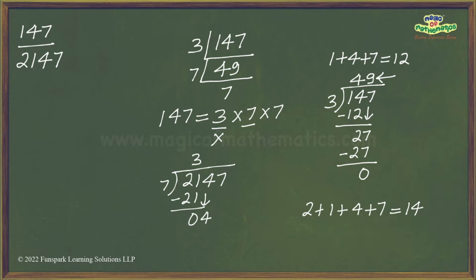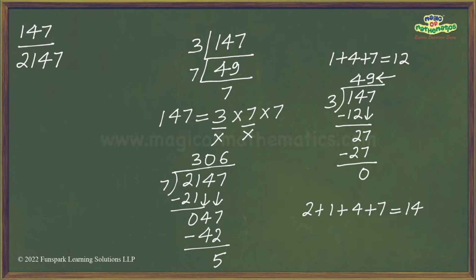I am not able to divide this by 7. So I put a 0 here and bring down the 7. 7 times 6 gives me 42. 47 minus 42 gives me 5. We get a non-zero remainder, so 2147 is not divisible by 7 as well. So even 7 is not a common factor.